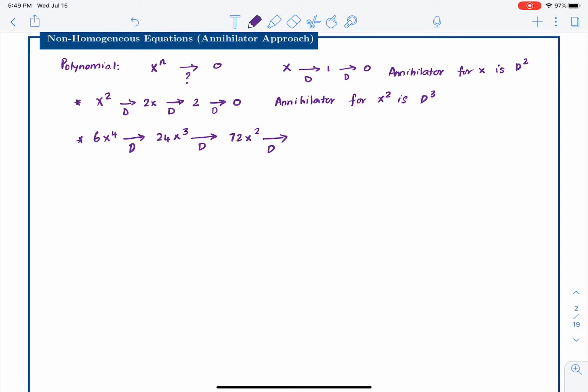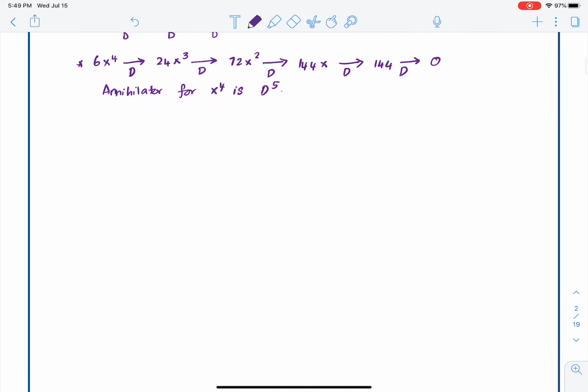The third time we apply the operator, we get 144x. The fourth time, we get 144. The fifth time, we get 0. So the annihilator for x raised 4 is D raised 5.